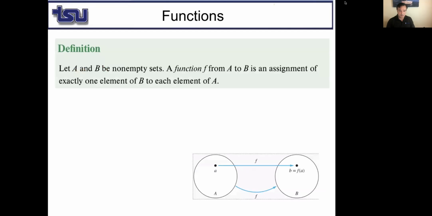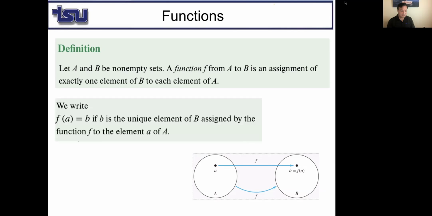If A and B are non-empty sets, this is set A, this is set B, a function f from A to B assigns exactly one element of B to each element of A. So for example, if we have an element of A, it goes exactly to one element of B. And this is the notation that we use: f is a function from set A to set B, and that's how we write it.